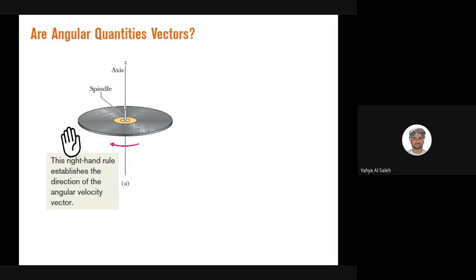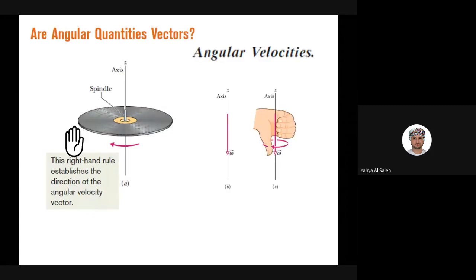Now a question is, all of our quantities when linear are vectors. So when they're angular, are they still vectors? Yes, some of them. What we do is we use the right-hand rule to establish the direction of the angular velocity vector. I curl my fingers around the direction of the movement, and where my thumb points is the direction of my vector.